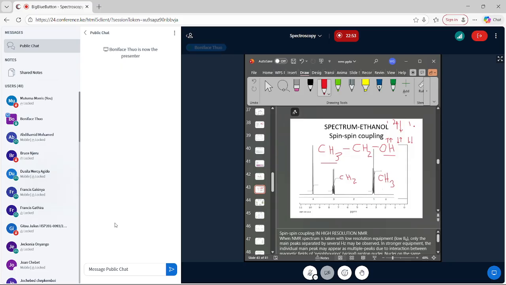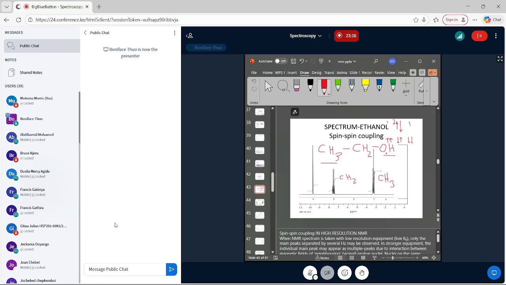Any questions? So one could ask, why is the hydrogen, which is also 3 bonds away from the methylene hydrogens, not coupled?